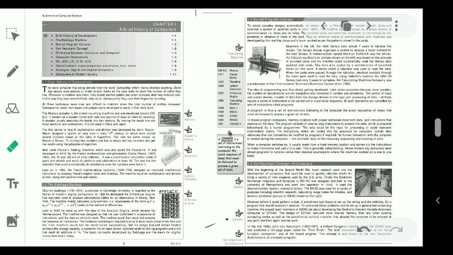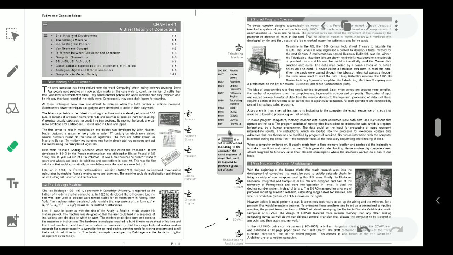The final machine could not be constructed successfully, but it gave the basic concept. The basic concepts developed by Babbage are the basis for the modern digital computer. That's why Charles Babbage is even today known as the father of the digital computer.